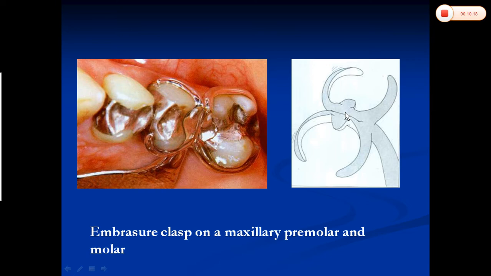This type of clasp is known as the embrasure clasp. It has two retentive arms and two reciprocal arms, and it has to be placed in between two natural teeth, so there is no edentulous area. When there is a full complement of teeth on one side of the arch, where you have to take support or get retention, you engage the embrasure area of the dentulous side of the arch.